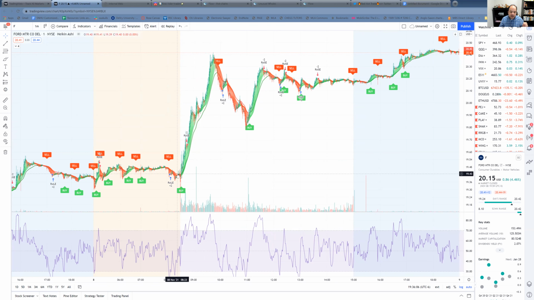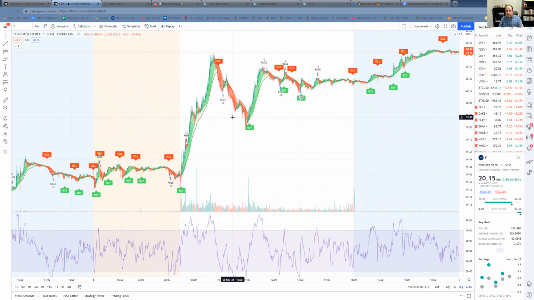So you can see Ford started off, and as with a lot of electric vehicle plays today, just took off right out of the gate, ran from under $20, 1940, all the way up to 2040, and then it dipped. And one of these dips is what you're going to look for.